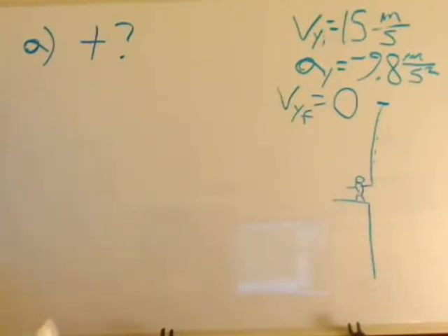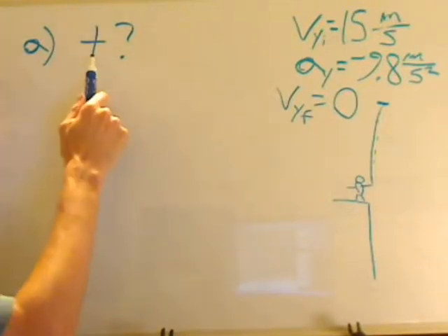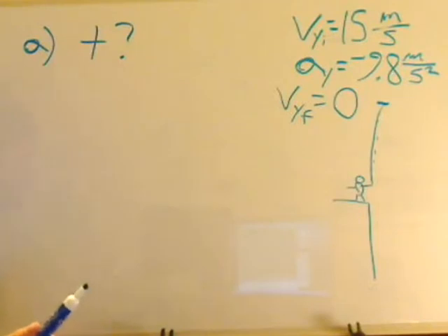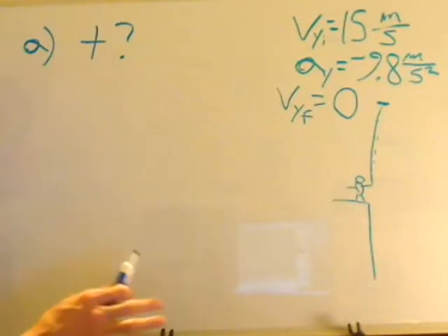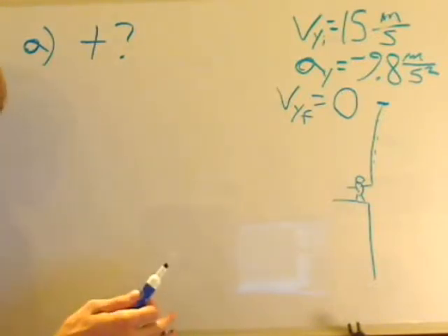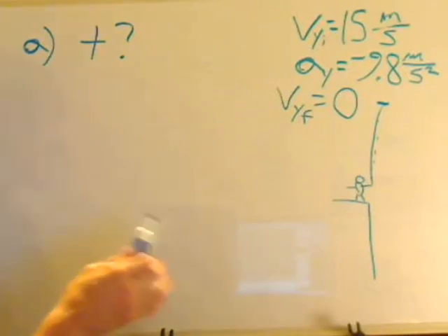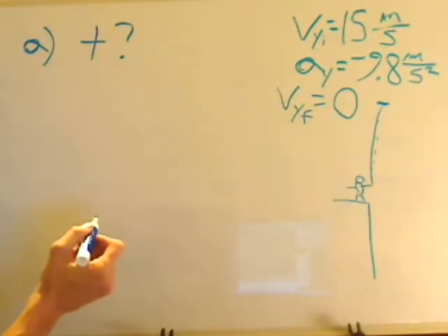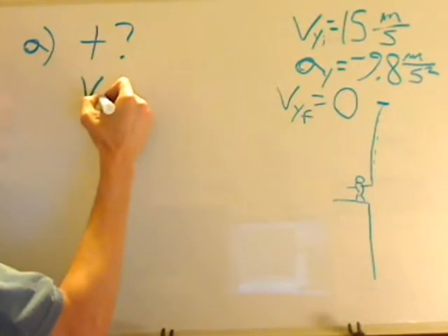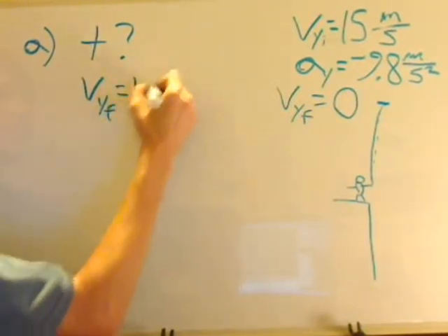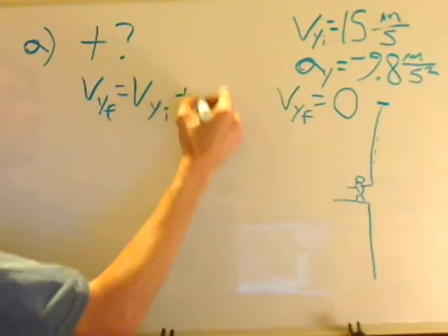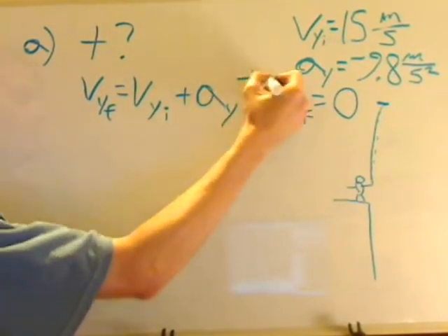So when we go through our list of equations, we want to find the equation that works best for this set of variables, time, and this set of variables here. Now, remember, all our equations so far are in terms of x, but they work just as well if you substitute y in there. So the best equation for this situation is this one: Vy final equals Vy initial plus y acceleration times time.